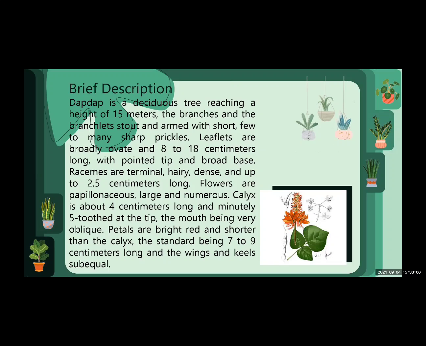So as shown in the pictures, at the left side is ang iyang petals niya sa iyang bulak is color red. Tapos ang iyang kahoy magtaas siya o 15 meters kataas.